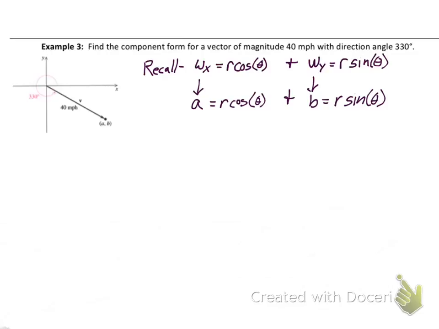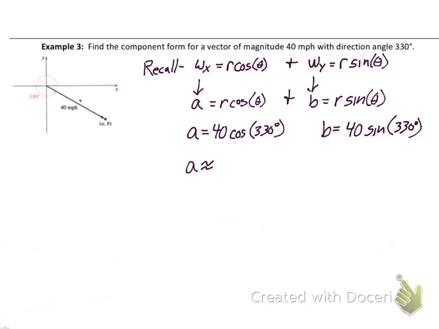So we just plug in our information. A equals our magnitude, 40 miles per hour, so that's 40, times the cosine of our angle, 330 degrees. Our B is just going to equal that same 40 times the sine of 330 degrees. That's going to give you, my A is going to be about 34.6.